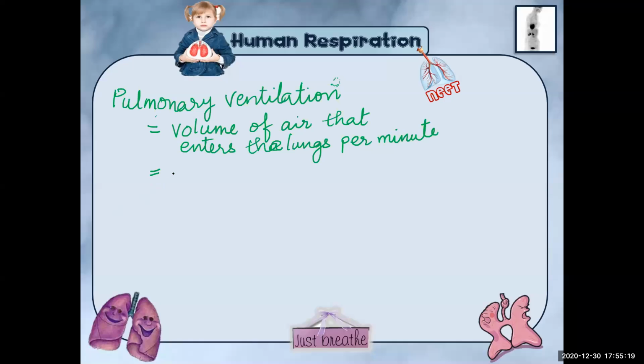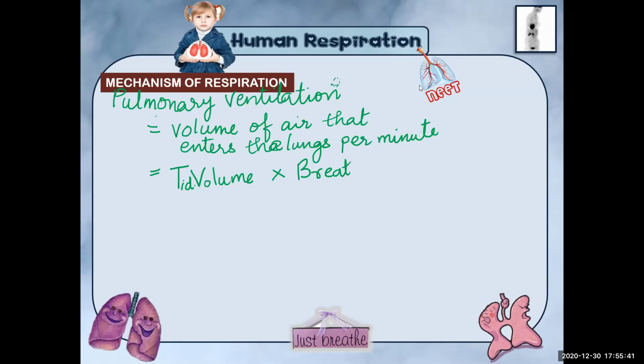So the volume of air that enters the lung in one breath, can I call it as tidal volume? Tidal volume. And I will multiply that with number of times a person breathes in a minute. So number of times the person breathes in a minute, that would be breath rate.